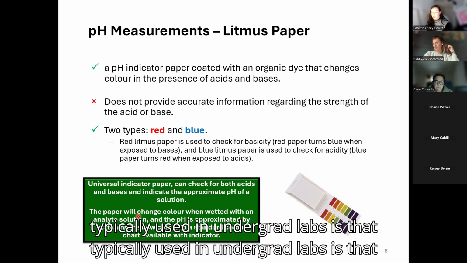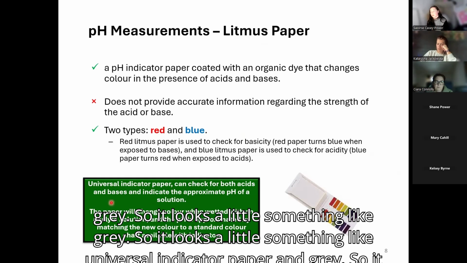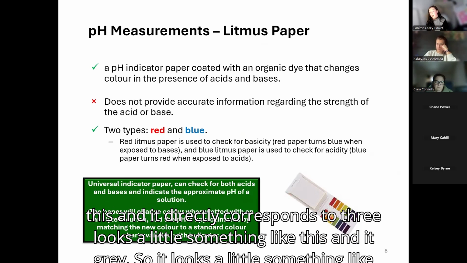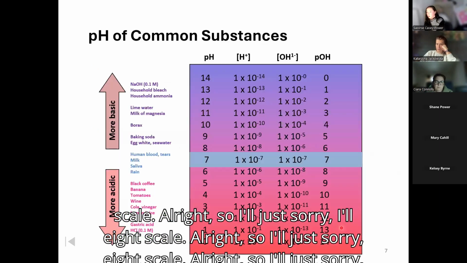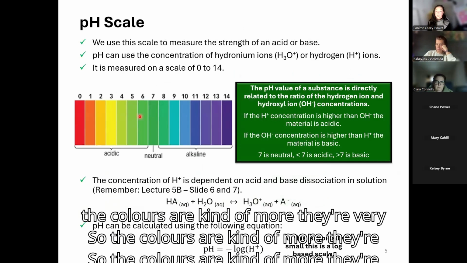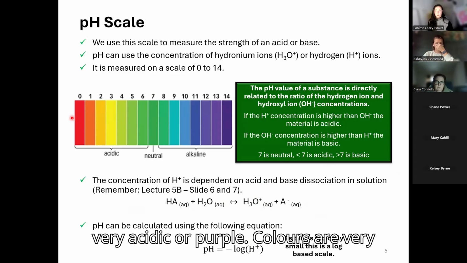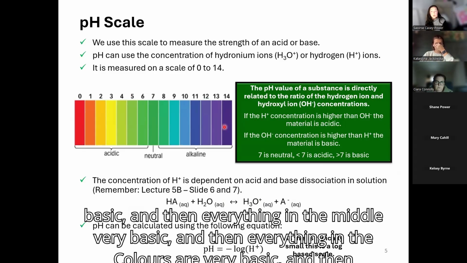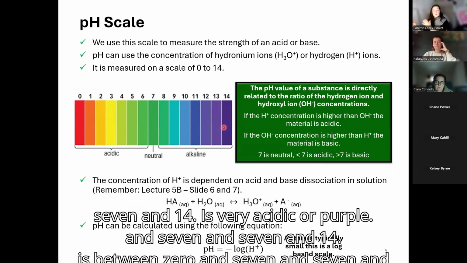What's typically used in undergrad labs is called universal indicator paper. It looks a little something like this, and it directly corresponds to the pH scale. The colors are very universally known: red is very acidic, the purple colors are very basic, and everything in the middle is between 0 and 7 and 7 and 14.